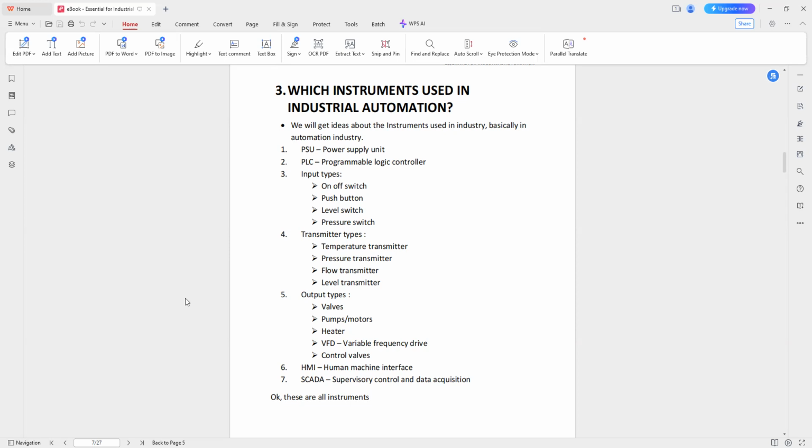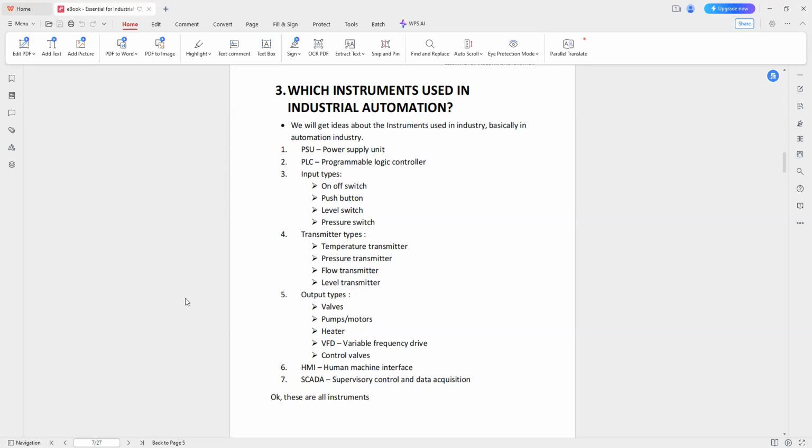Right now you are starting in the industrial automation field, so you need to understand some short words as well as the long words. PSU means power supply unit. Sometimes it is called SMPS, which is nothing but a power supply. For example, a PLC is powered on via 24-volt DC, so you require a 24-volt DC power supply to power on the PLC.